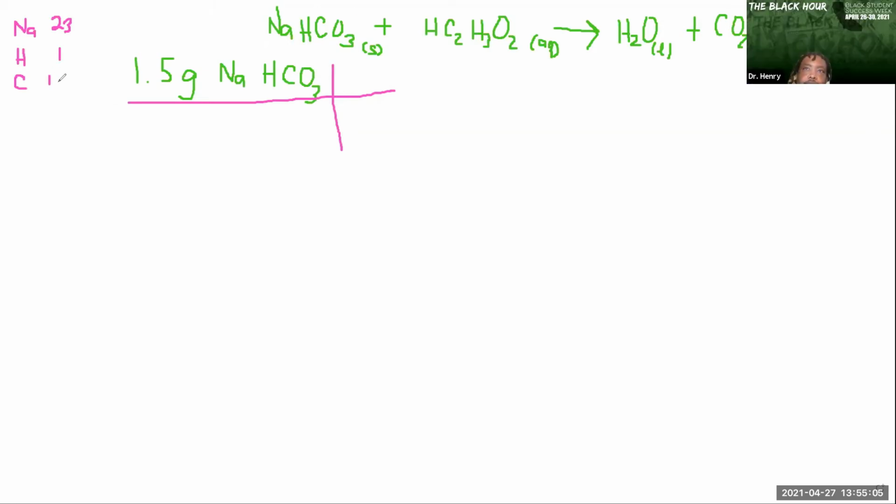And oxygen, that'll be 48 because there's 3, so 3 times 16 is 48. So if we add them all up, 48 plus 12 is 60, that's 84, I think. It is. 84 grams per mole. Okay, so then I want to get rid of grams so I can get moles. So I'm going to put the 84 on the bottom.